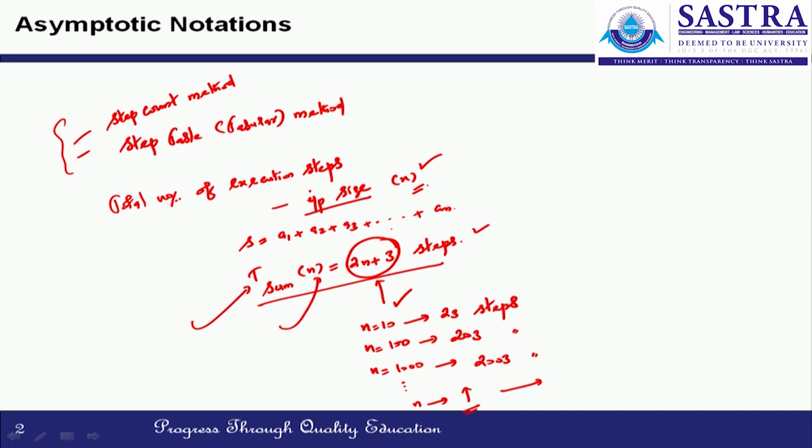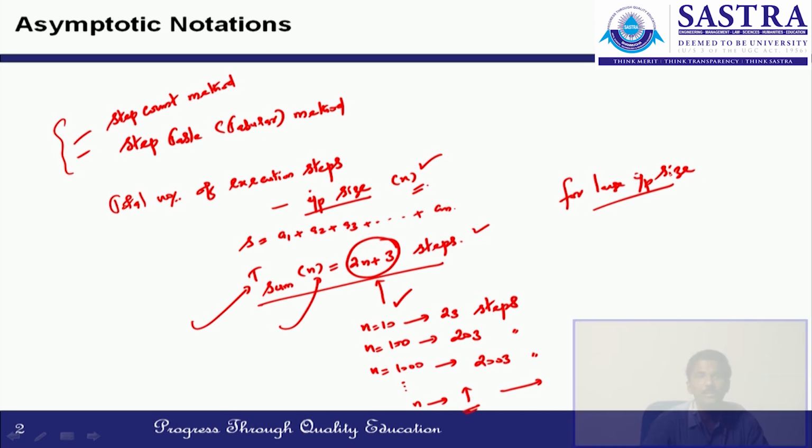But the question is, when n becomes larger, how do we represent the complexity of an algorithm? For a large input size, what is the performance of the algorithm?